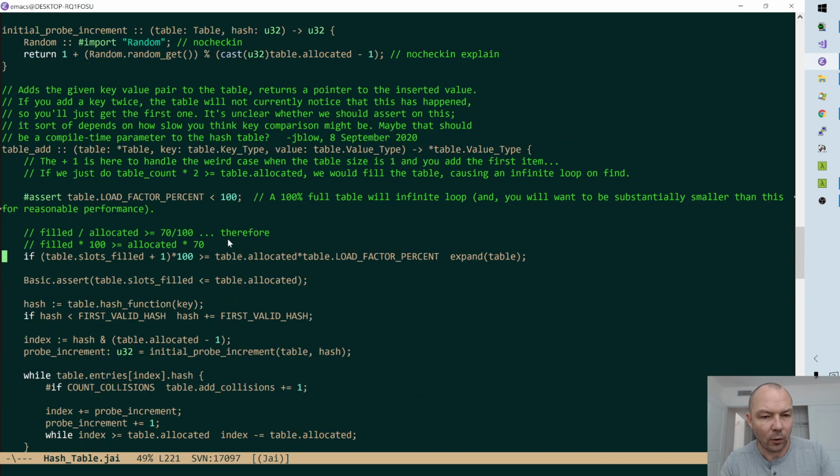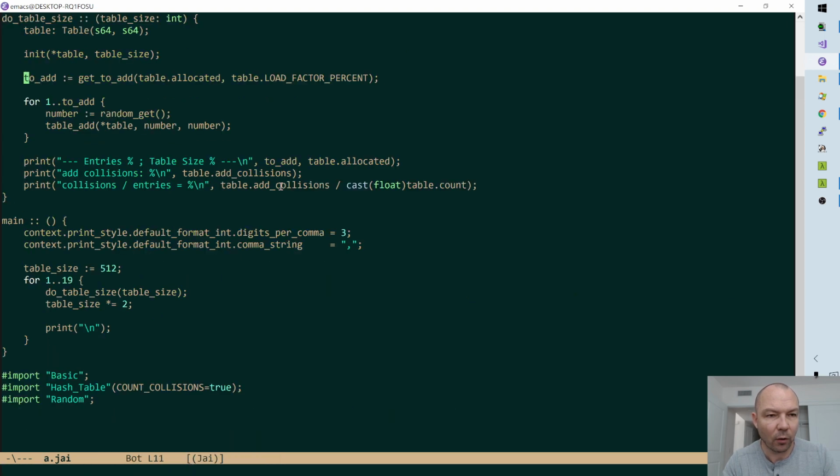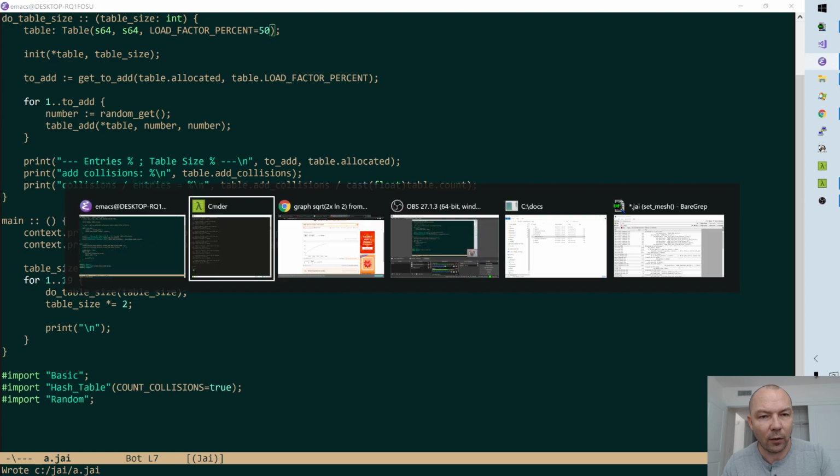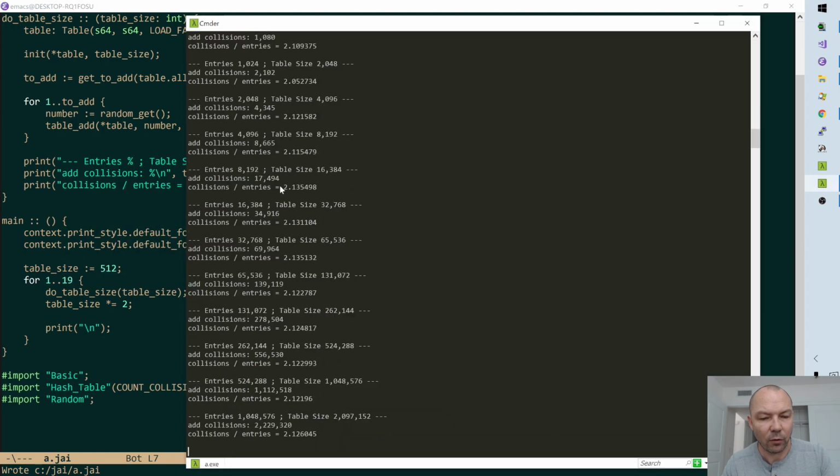Right? Look. Down here, when we instantiate, when we make a table, load factor is one of the parameters, and we can just give a lower load factor in all our examples. So we could say this is 50 instead of 70, and we'll get a different number of collisions. Wait, we are getting more.